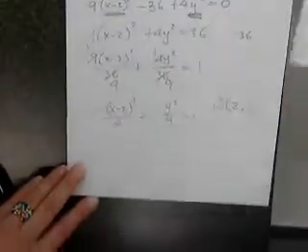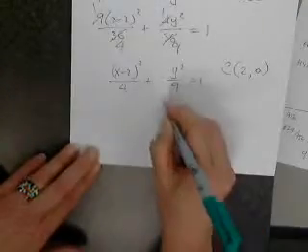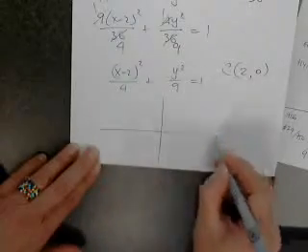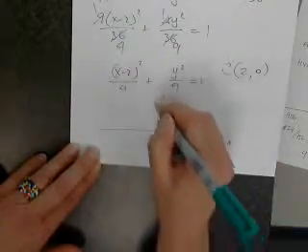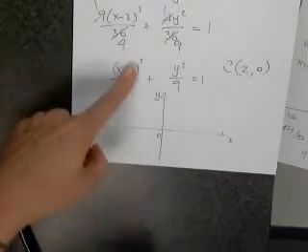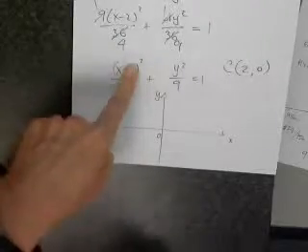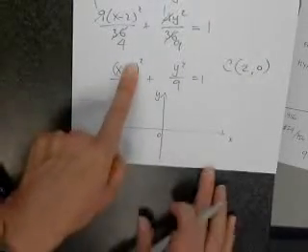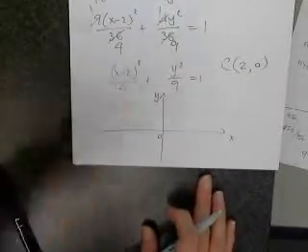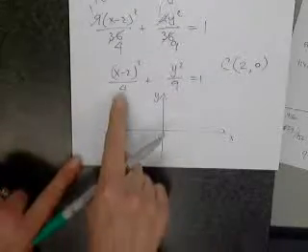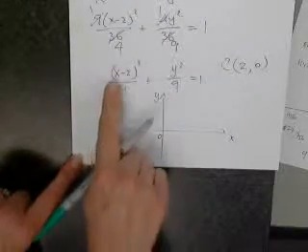Okay? I just want to graph it. Assuming the center were 0, 0. Just assume for a moment that the center is 0, 0. So I don't have x minus 2 here. 4 goes with x.